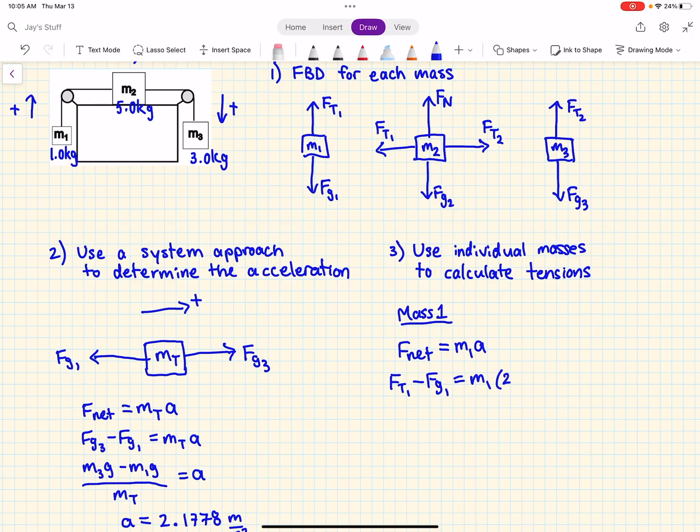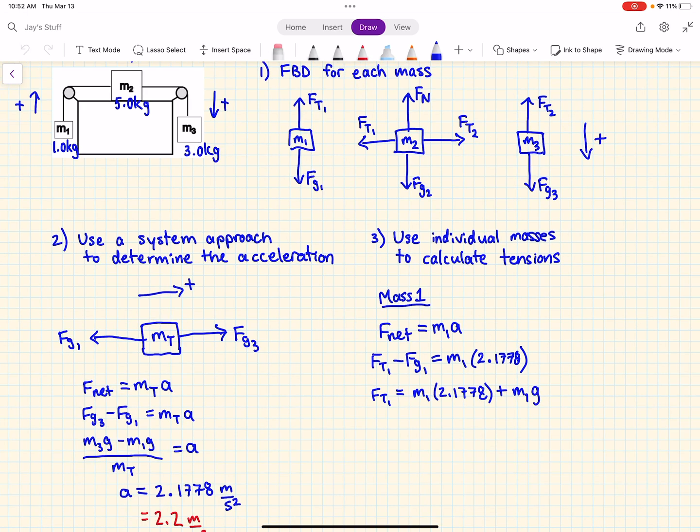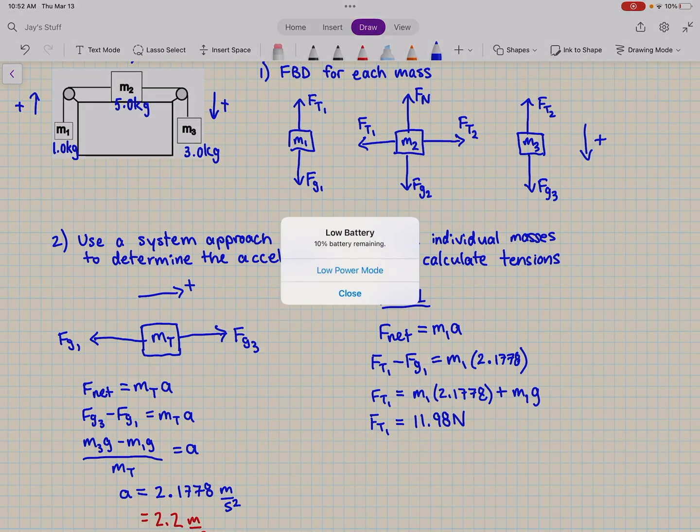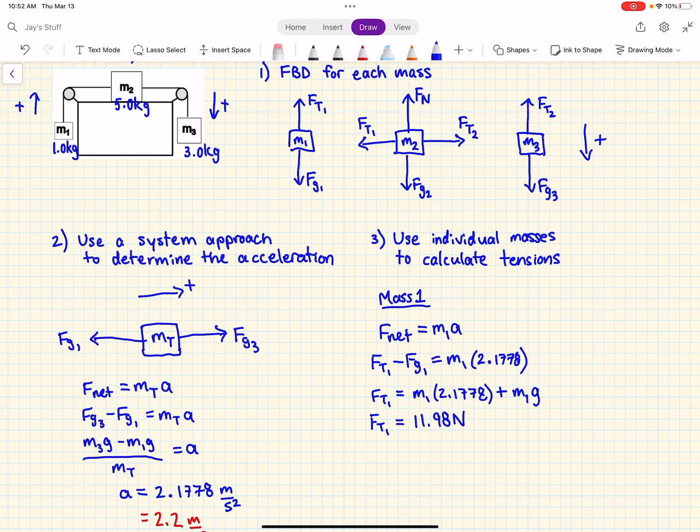So that's 2.1778. So Ft1 is just equal to m1 times 2.1778 plus Fg1, which we know is equal to m1g. So if we put all those values in, we should get 11.98 newtons for the force of tension in string 1.